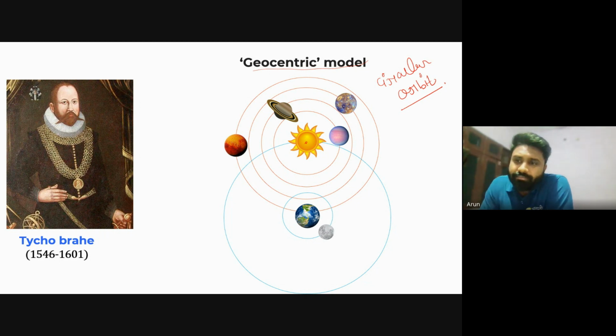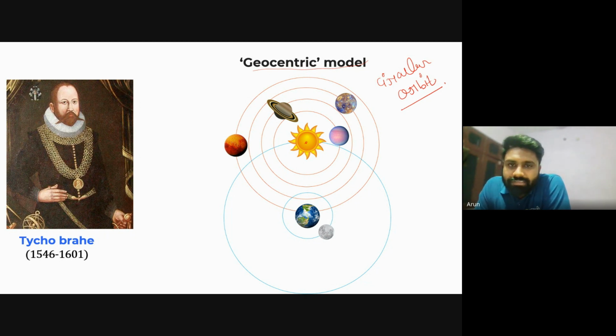So at that time, one of his students worked with him, and after the work he provided, we name them Kepler. Johannes Kepler was one of the scholars of Tycho Brahe. He studied all the models provided by the previous physicists or astronomers, like the Aryabhatta model, Copernicus, Galileo Galilei, and also Tycho Brahe.